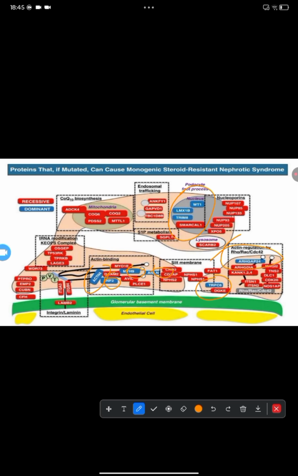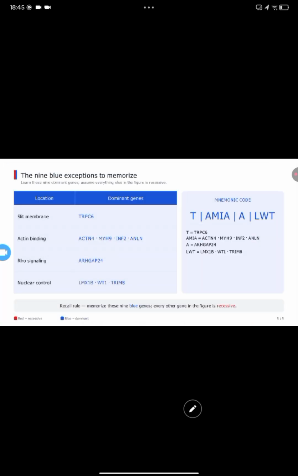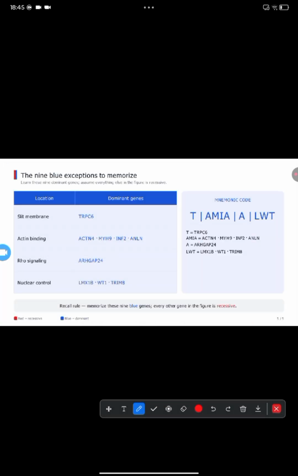In the actin regulation, we have ARHGAP24. So there is a mnemonic code that you can use to remember these dominant exception genes. It is T-AMIA-LWT.